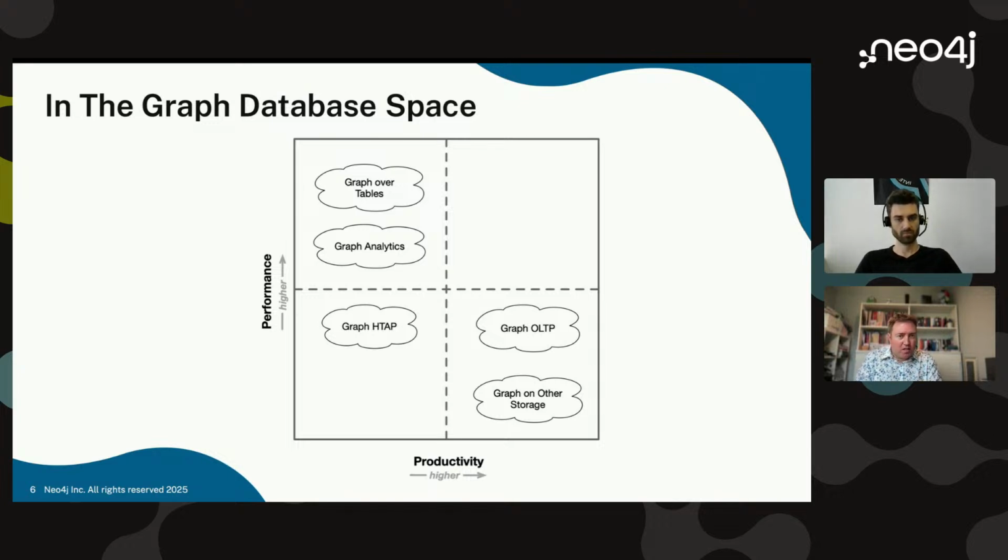What's interesting is that I've got the horizontal line in the middle. To get over that, it's typically analytical products. So things like GDS, they get really good performance because they are so good at doing analytics that they just work really, really well for those tasks.